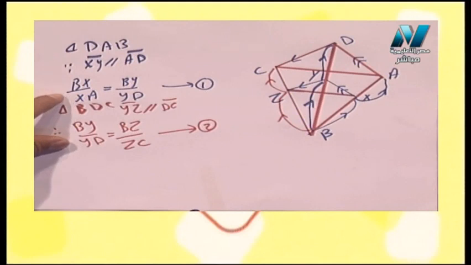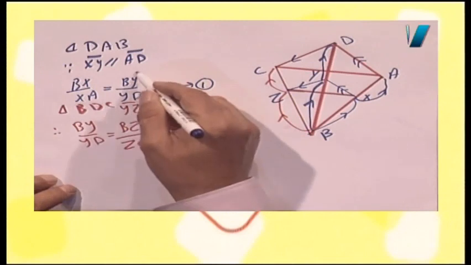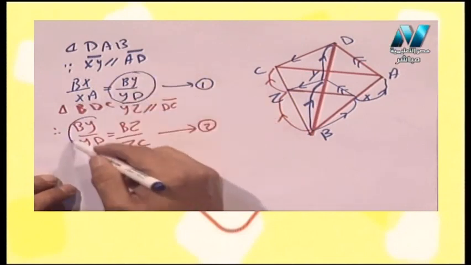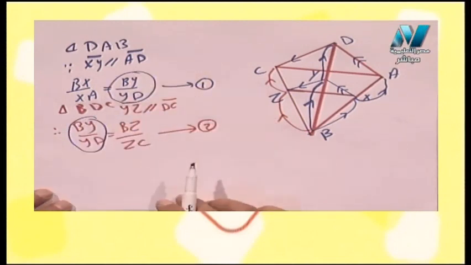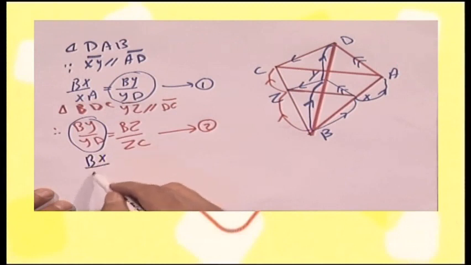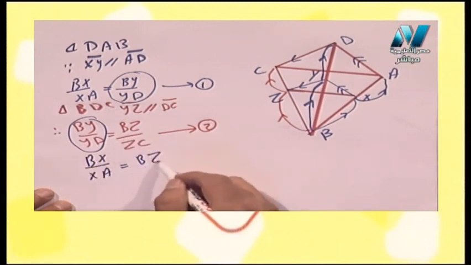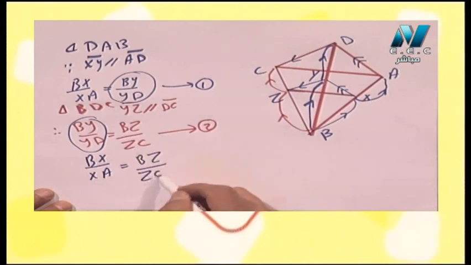We have a common ratio here, BY over YD. So we can easily deduce that BX over XA equals BZ over ZC.